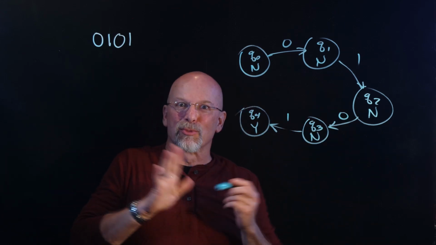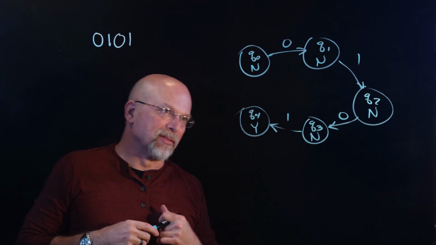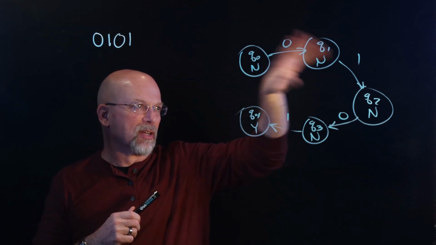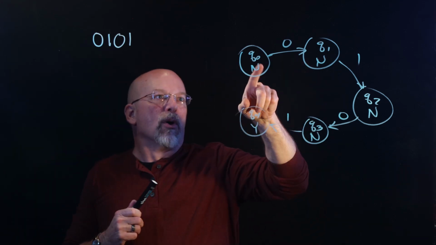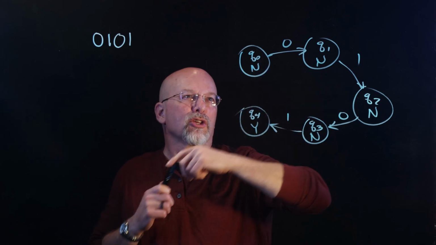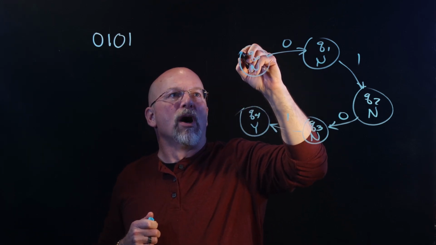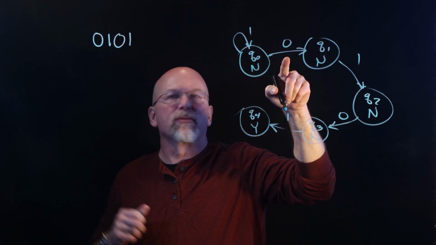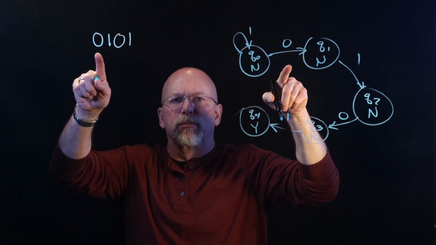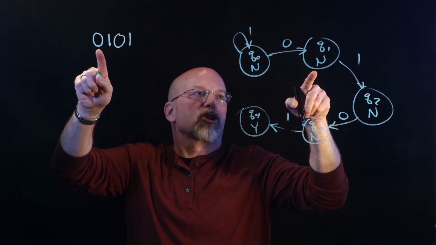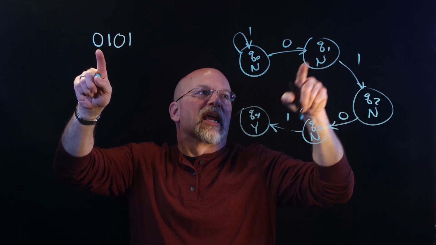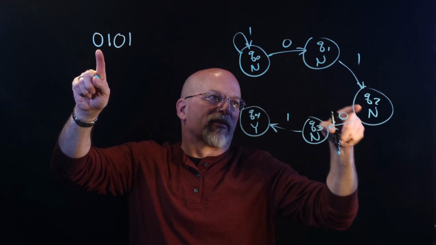Now, we're missing some transitions. This is not a fully deterministic finite automaton. So if I'm in Q0 and I get a 1, I'm still going to be waiting for the first bit. I haven't got the first bit of the sequence. Now, if I'm in Q1 and I get a 1, that means I've got the second bit.